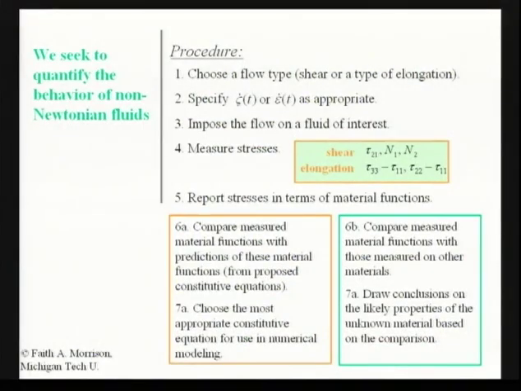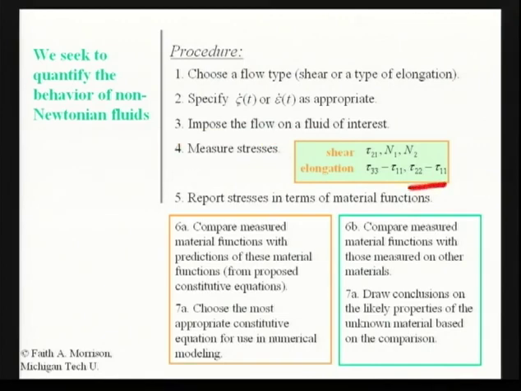And then this is our ASTM standard procedure. Okay? If you want to poke and prod a material and talk to other rheologists about it, this is how you do it. You choose whether you're going to talk about shear or elongation and which type of elongation. You'll specify the time function. You'll put the material into an instrument that carries out that time function, and you'll measure the stresses.